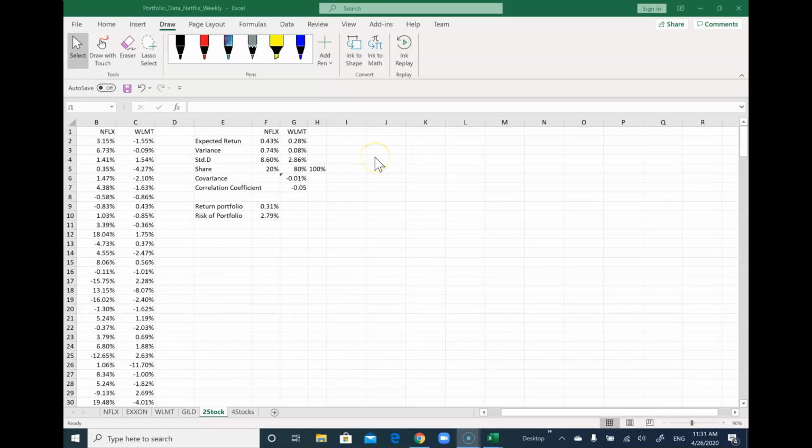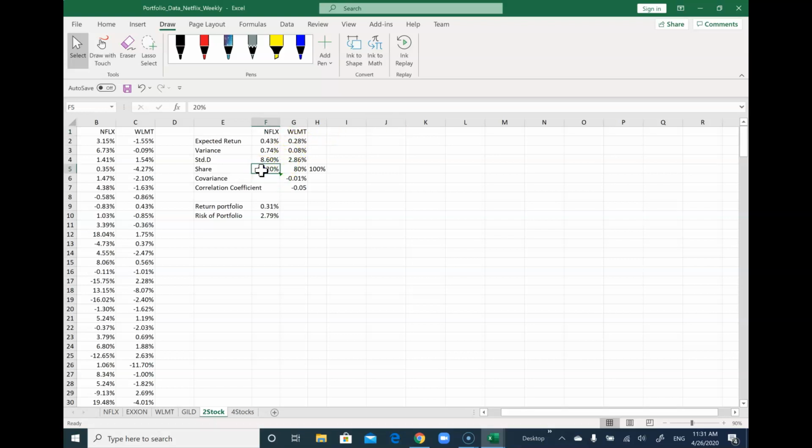Now, to create a risk-return chart of a portfolio, the first thing that we have to do is change the weight of each asset in the portfolio, and then calculate the rate of return and the risk of a portfolio for each weight.